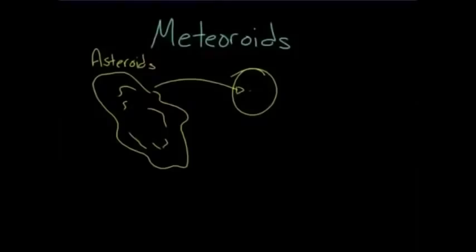Meteoroids are kind of like the junk left over from planetesimals in the early solar system. They're from collisions. They're just pieces that fly all over the place, and a lot of the times these meteoroids are going to travel in clusters from when an asteroid got blown apart, and this is how we get our meteor showers.